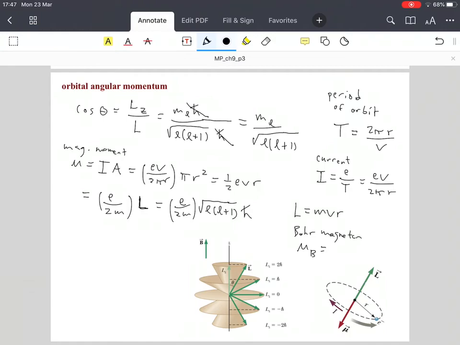That is, mu b is e times h bar divided by 2m, and then you bring that out, and you get this relationship for the quantum number L multiplied by mu b.